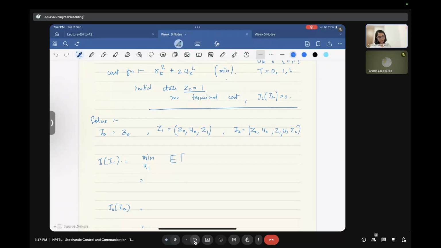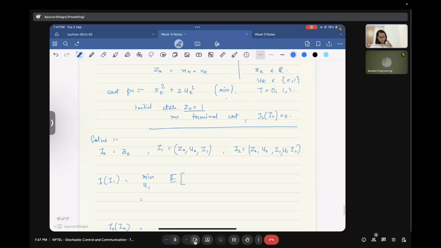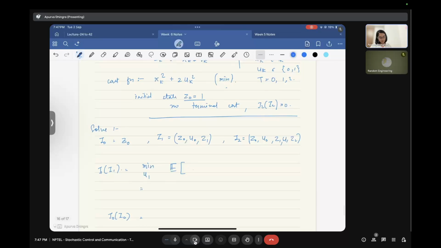We'll write it carefully. Expectation is over what? Our cost function is x1 square plus u1 square, right? And we need to consider the previous term, J2 of I2 as well.